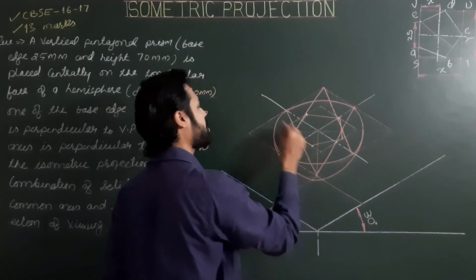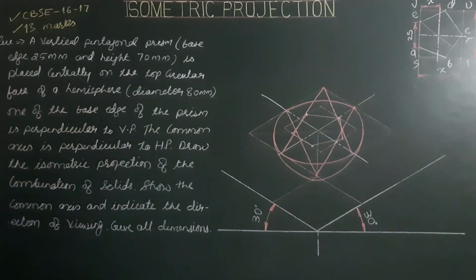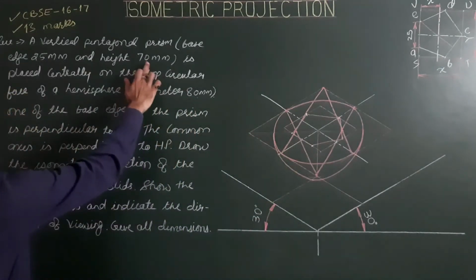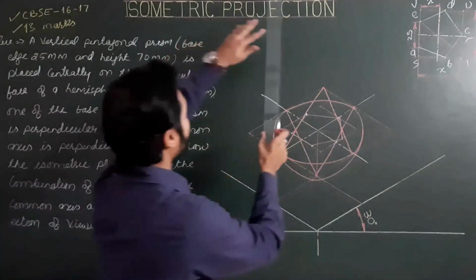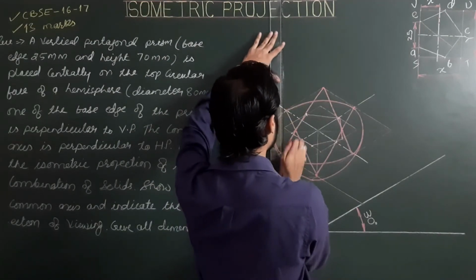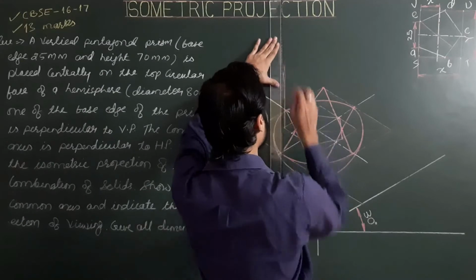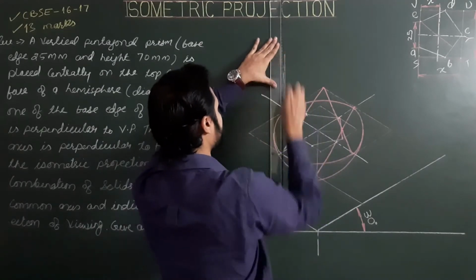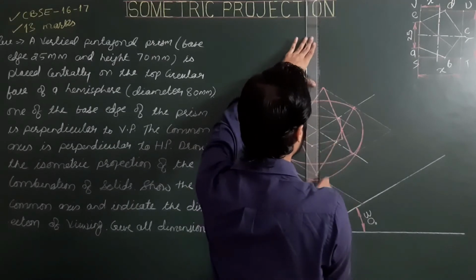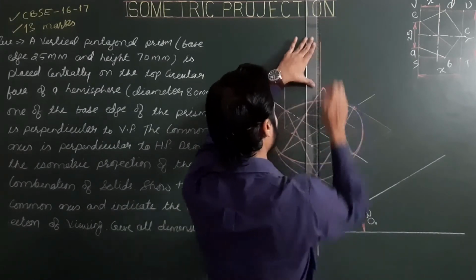Okay. Next, the generator or height of the prism. Here the height is 70 mm. So from all 4 corners of the helping figure, drawing lines parallel to the third or vertical axis for a length of ISO 70.